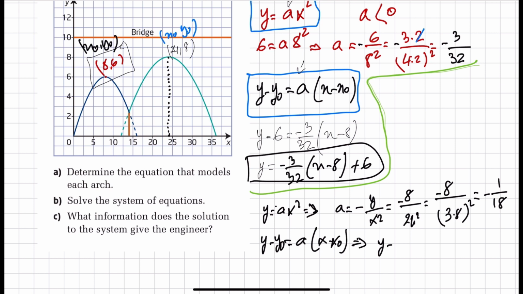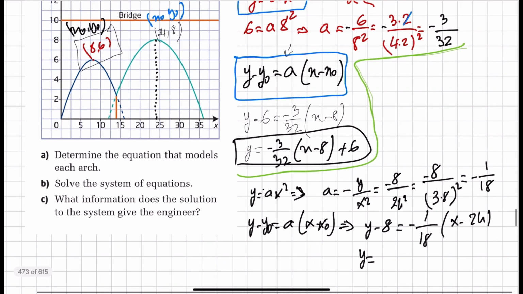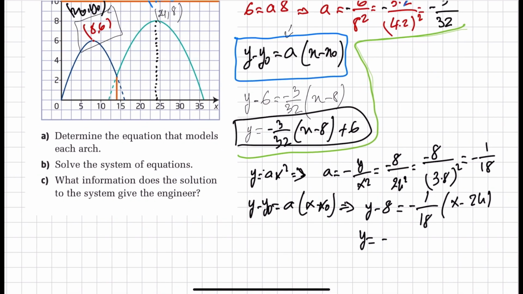So y minus 8 is equal to minus 1 over 18 times (x minus 24) squared. Again, you can write it like this: y is equal to minus 1 over 18 times (x minus 24) squared plus 8. So this is the second equation.